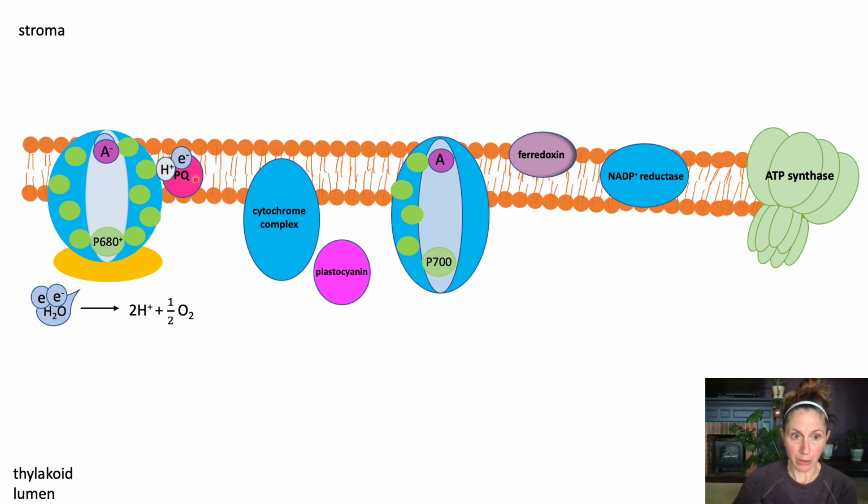Plastoquinone not only shuttles electrons from photosystem 2 to the cytochrome complex, but it is also helping build up a proton gradient. So it's going to be taking hydrogen ions from the stroma and dumping them into the lumen space.